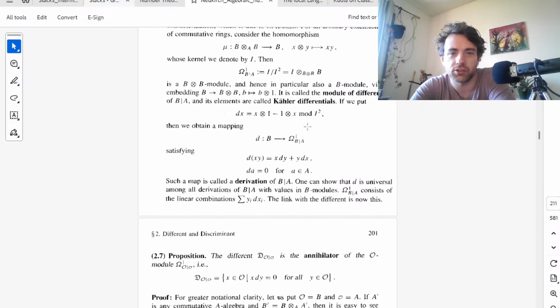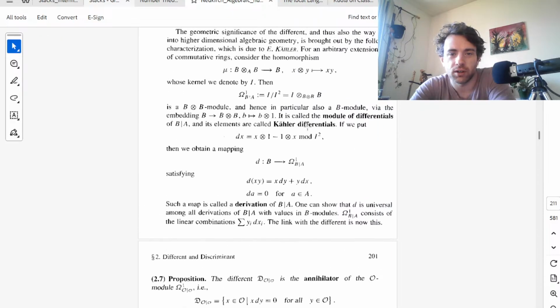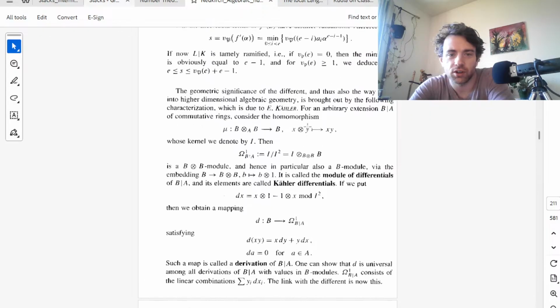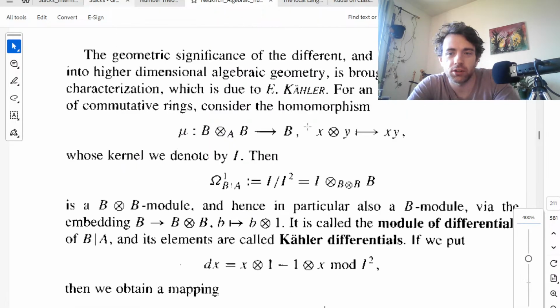So let's go up and let's remind ourselves, what is the official definition of the Kähler differentials? I should really know this by heart, as someone who claims to be a geometer.